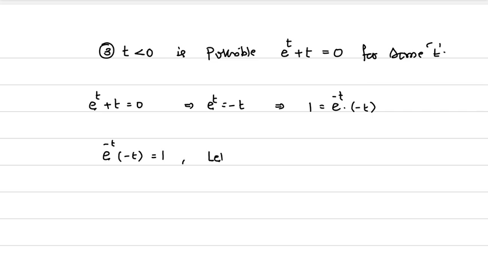Let minus t be equal to some value a. Then it becomes e to the power of a into a is equal to 1. That is a into e to the power of a is equal to 1.